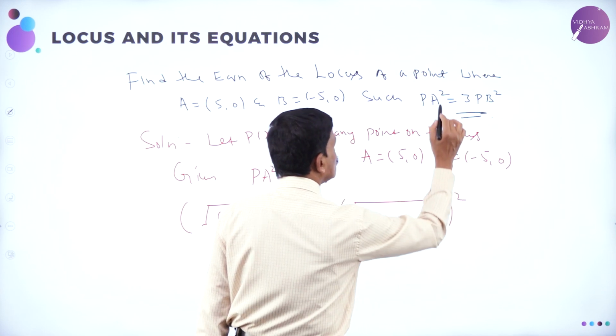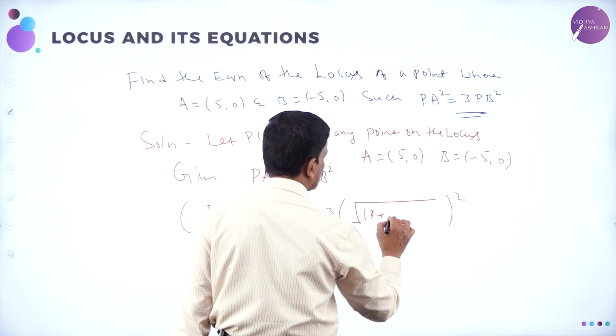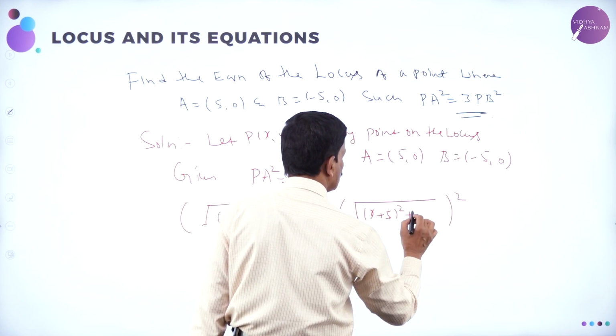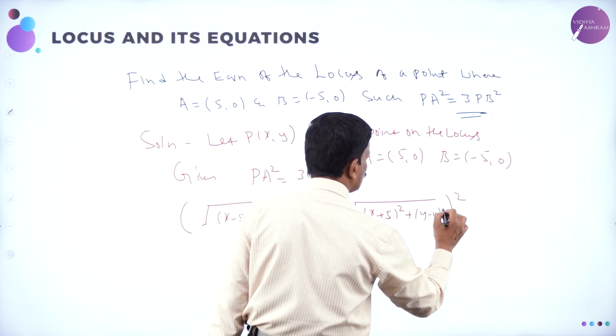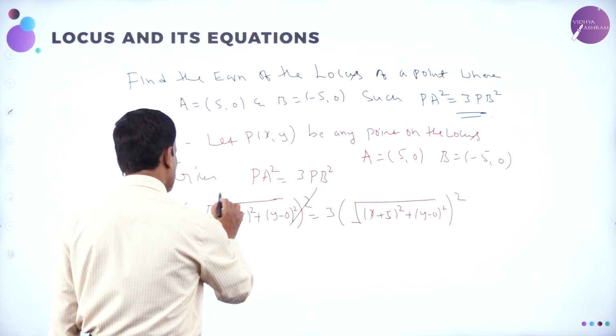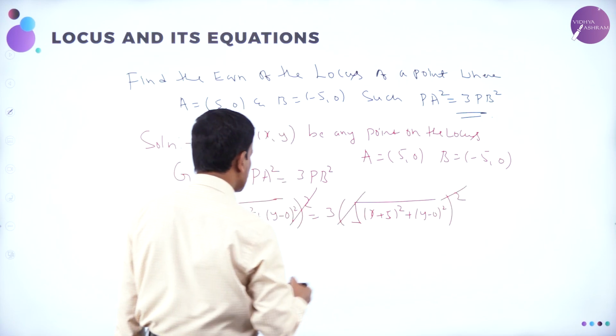So PB² is (x + 5)² + (y − 0)². Now the square roots get cancelled.